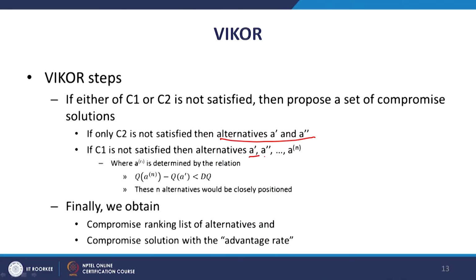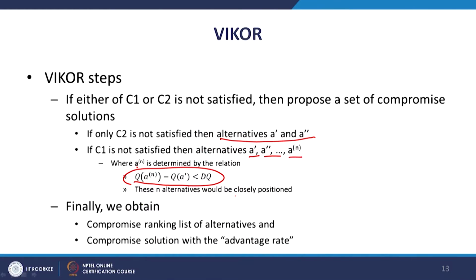But what if C1 is not satisfied? Then we have to look for alternatives starting from A dash, A double dash, up to A n. And how do we know where to stop? How do we determine this A n? This is determined by the relation you can see in the slide: Q of A n minus Q of A dash, the difference between the first ranked alternative and the nth ranked alternative, should be less than DQ.